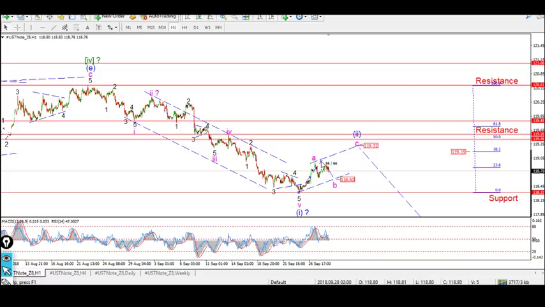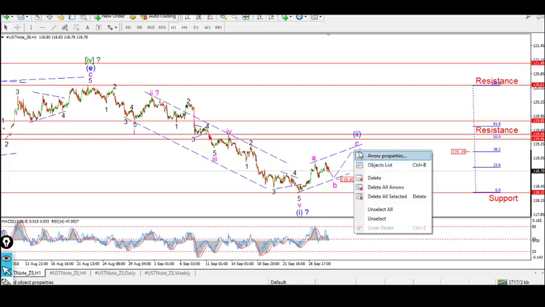Let's see where wave A would reach. Wave C would reach equality with wave A, which would be lower than that, about 119.17, 119.19, which comes in around the 38% retracement level.